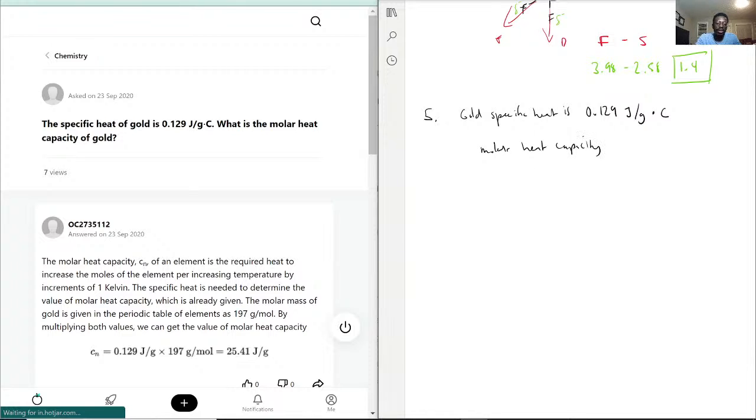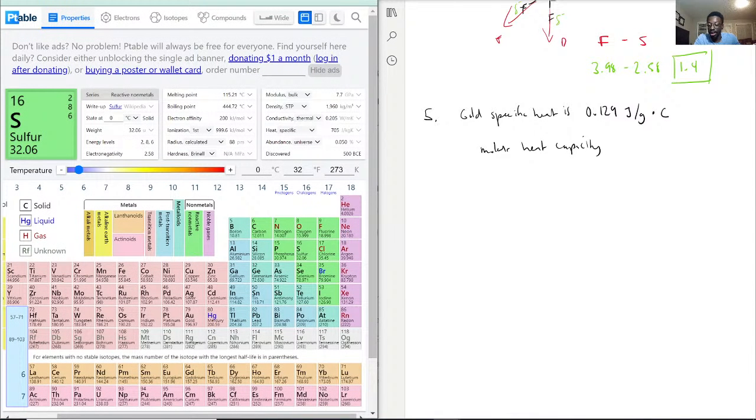Okay, so you're probably wondering, how do you even get there? But the answer actually lies in the units of the specific heat, specifically this unit here. Right now that's in grams. So in a sense, what this question is asking for is the specific heat, but instead of it being measured per gram, they want it per mole.